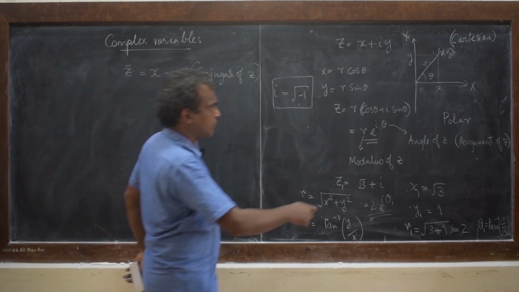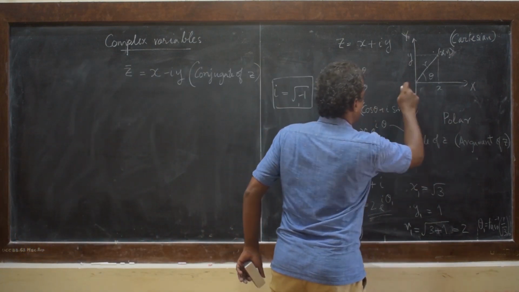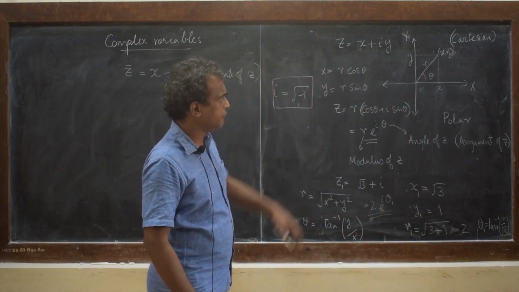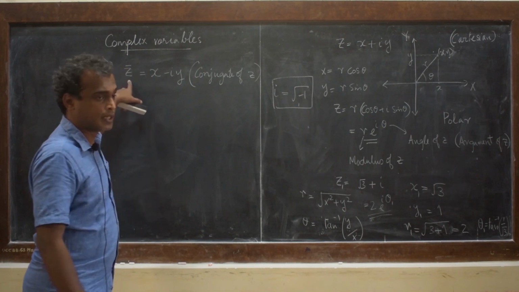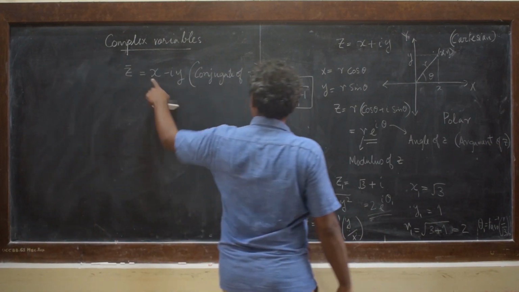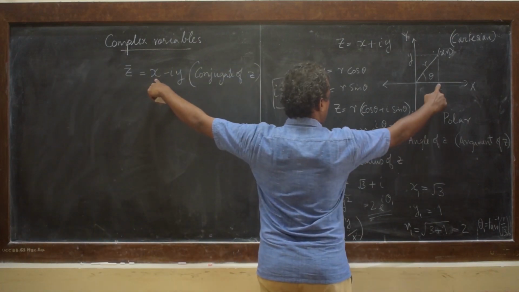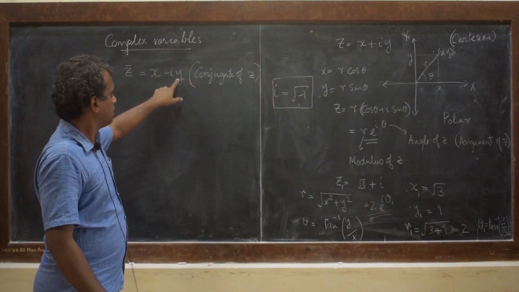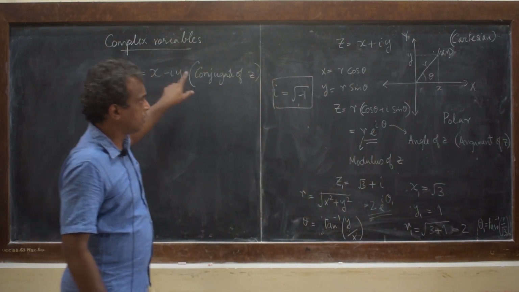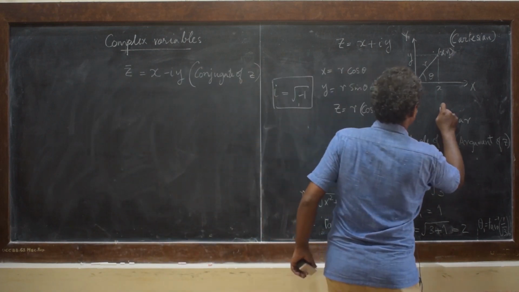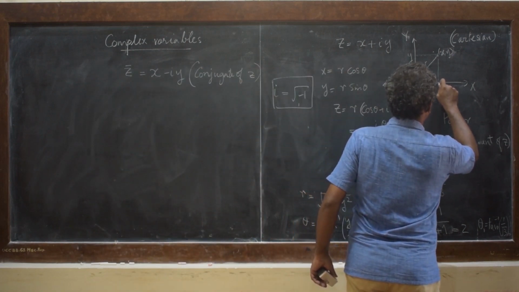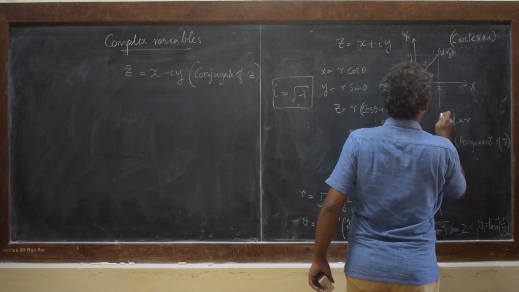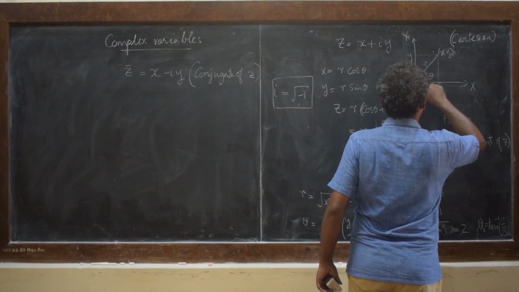And on this xy plane, it is easy to identify the point represented by z bar. That should be the point which has the same real coordinate x, but the imaginary coordinate has changed sign. That means it must have the same x coordinate, but the y coordinate must be the negative of that of z.